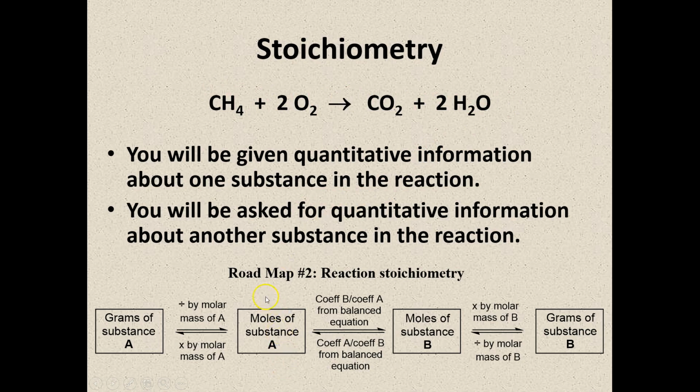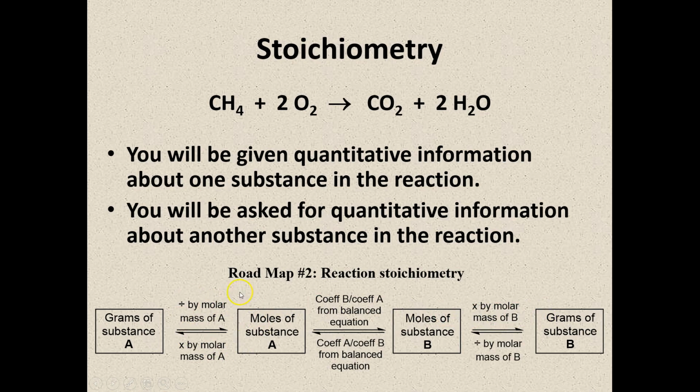The thing about which we are given a measurement, we'll just define that as substance A. Whatever substance we're being asked for information about, we will define as substance B. We're always going from left to right, because we're always going to define the initial thing as substance A and the final thing as substance B.